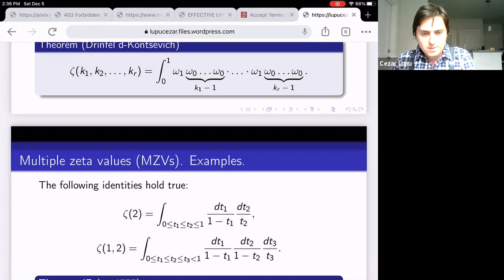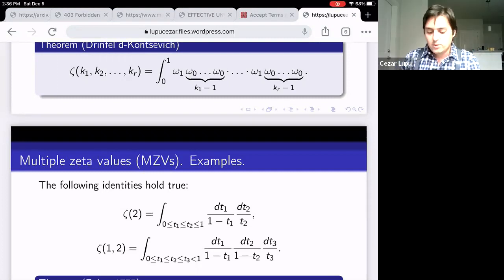This is quite easy to see. It is just a geometric series, and then you switch the integral and the series, which converges, and so on. But you can also express the double zeta value, zeta of 1, 2, in this way as well.